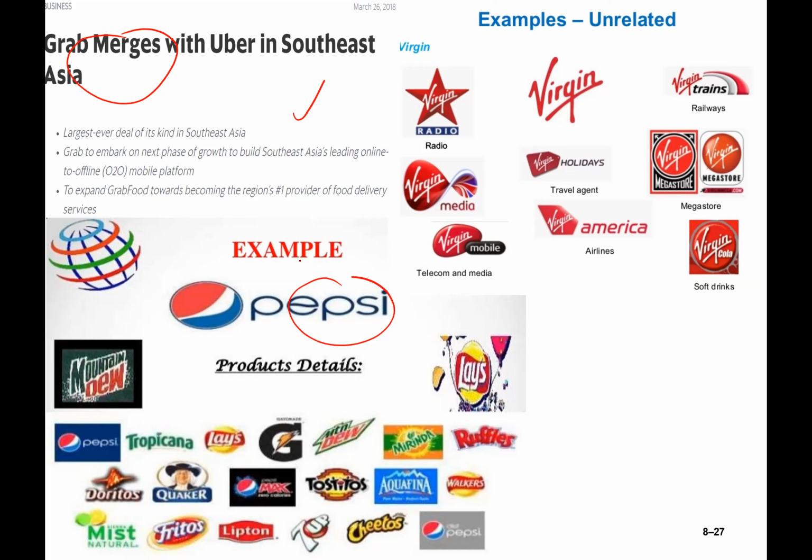And then another example is Pepsi. Pepsi, we know, produces all kinds of soda drinks. But then it diversified in terms of acquiring, for instance, potato chips, all kinds of non-drink business, but still within food and drinks. That is another example.